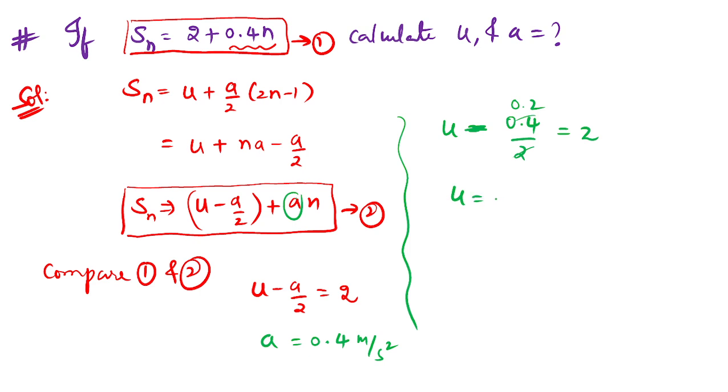So u is equal to 2.2 meter per second. Am I correct? n is nothing but the time interval.